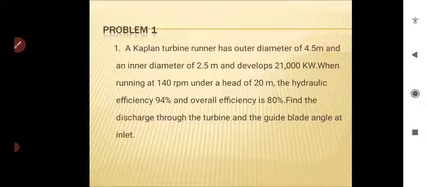The hydraulic efficiency is 94% and overall efficiency is 80%. Find the discharge through the turbine and the guide blade angle at inlet. So right now we will solve this problem. First we have to write the given data.